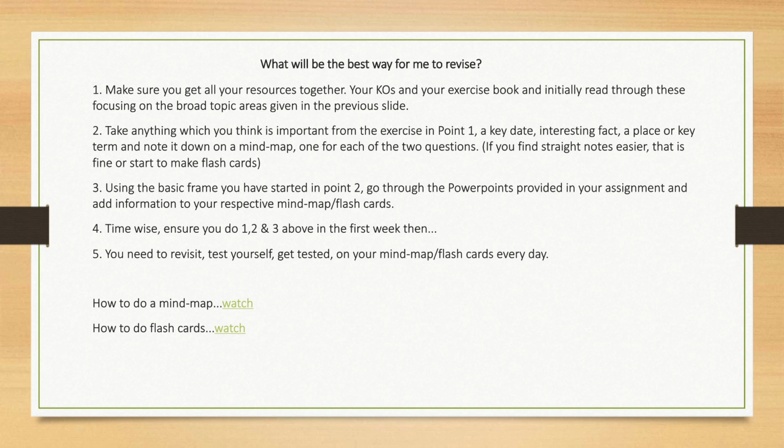Secondly, as you're going through those, I want you to basically start to write down any key ideas, facts or information you think are important, and start to construct a mind map, one for the China and one for the coast, because at this point you might not know which one you're going to take for the exam, so don't risk just doing one. Once you've got that basic frame, then go through the PowerPoints for each topic and start to fill out your mind maps or your flashcards appropriately.